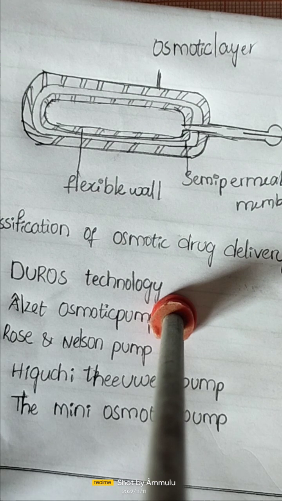This Duros technology has the potential to provide more flexibility than competitive products with regard to the drugs, which are nothing but proteins and peptides. These are mostly delivered by this technology.